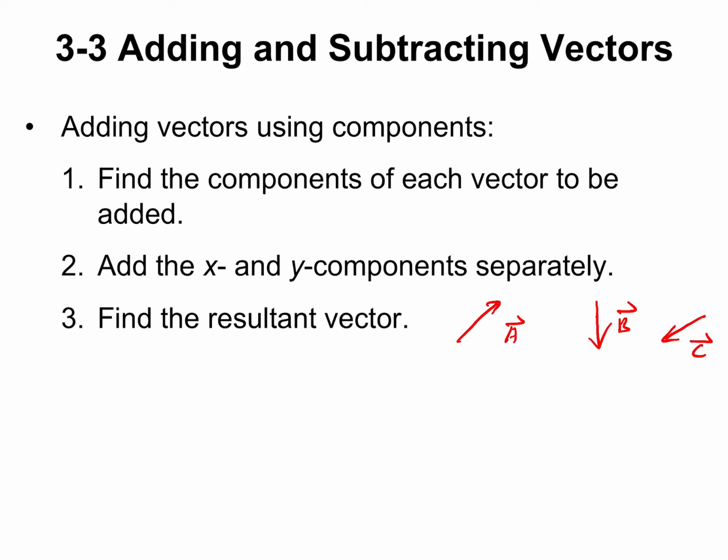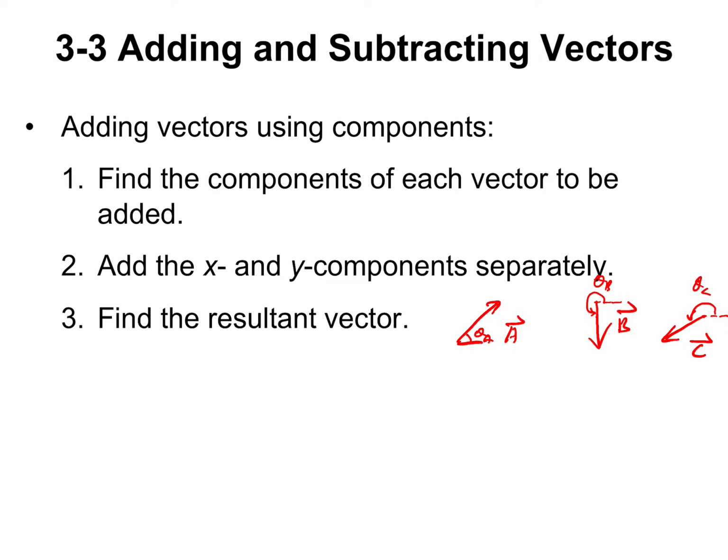For the components way, you figure out each vector's components. Represent each vector in a components method. This is angle theta A, theta B, and theta C. So I give you magnitude and direction.